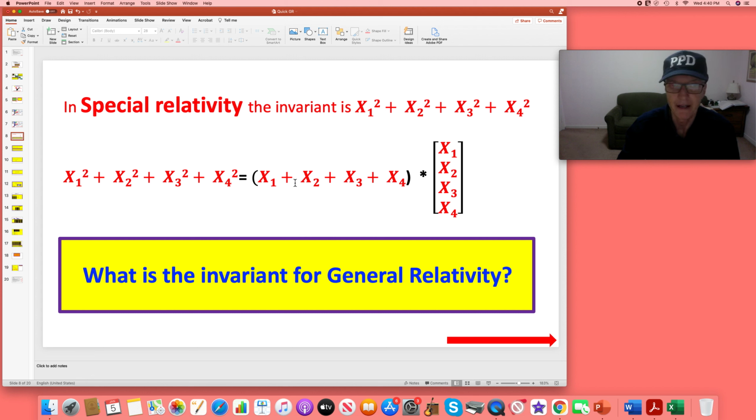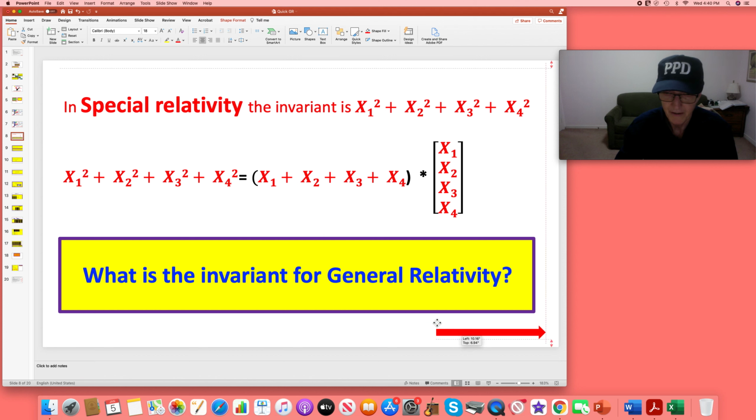So you get x1 times x1, which is x1 squared, plus x2 times x2, which is x2 squared, and x3 times x3 is x3 squared, and x4 times x4 is equal to x4 squared. And then you look back over here. It's kind of a shock because you see it right there. It works. Yahoo!